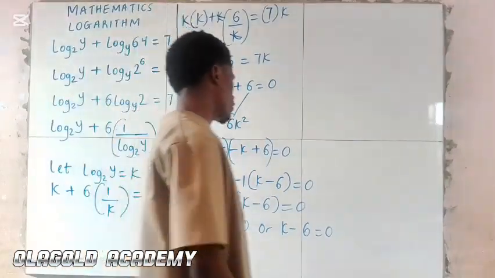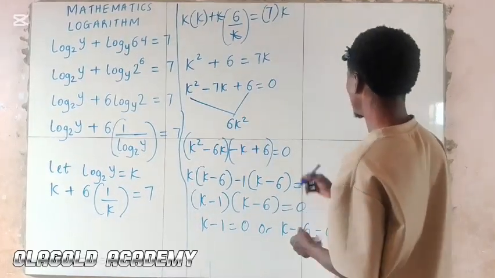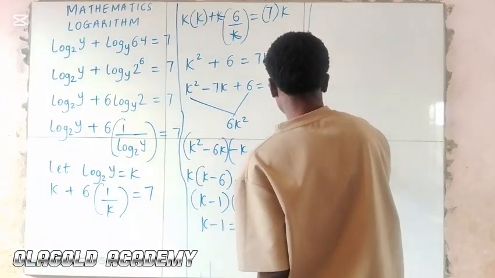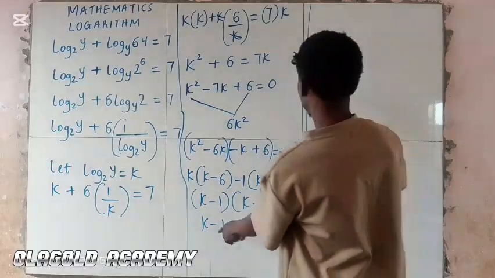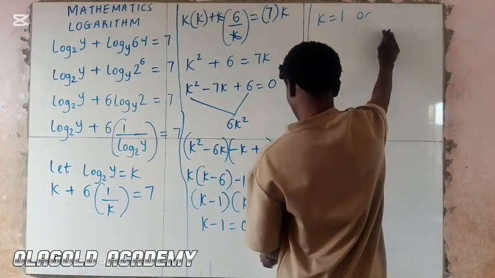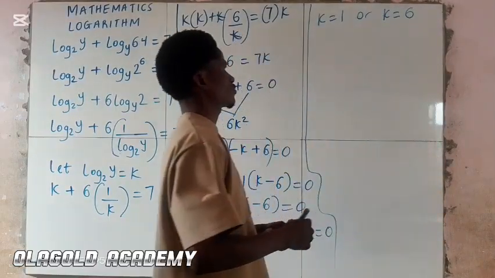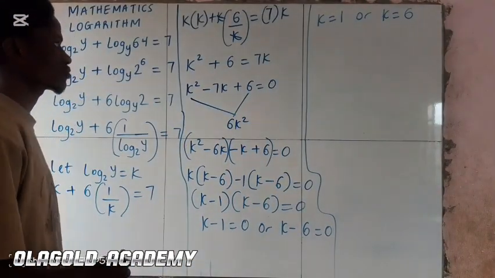So I'm going to have this here. From here now, I'm going to get k equal to 1, or k equal to 6. So I'm going to have this.